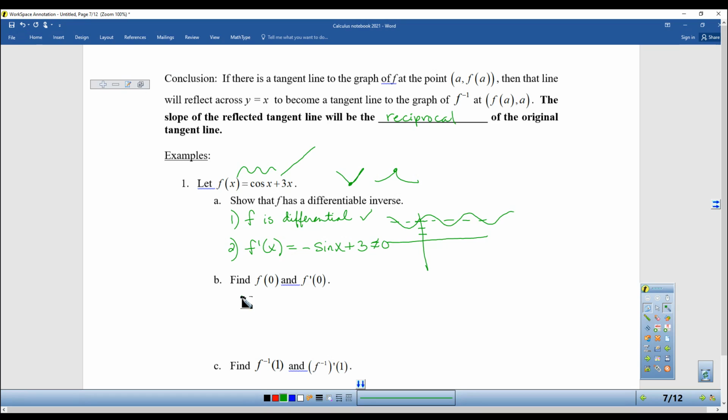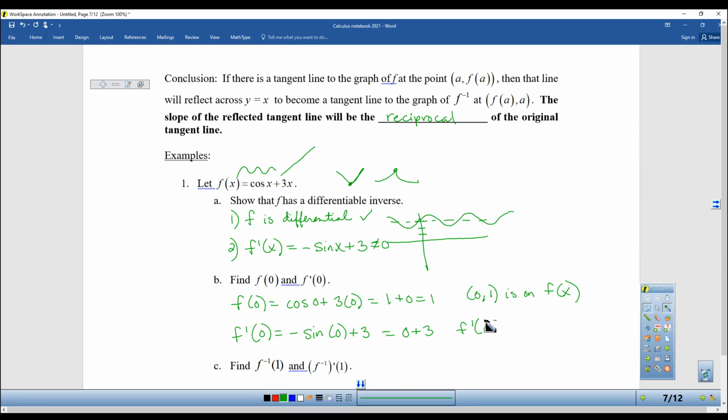Part B, find f of 0. It is cosine of 0 plus 3 times 0, which is 1 plus 0, which is 1. That means that the point 0, 1 is on f of x. The derivative at 0 is negative sine of 0 plus 3, which is sine of 0, which is 0, plus 3.